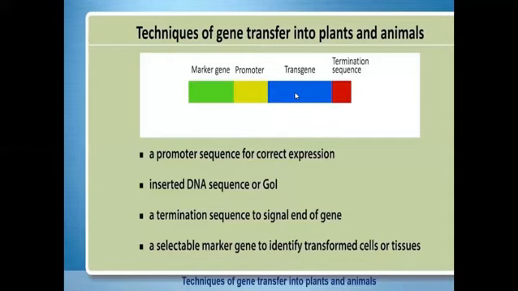Target DNA promoter genes mainly help in proper function of the target DNA in the host cell. Before the promoter gene, marker genes are present. The marker genes mainly help in proper insertion of target DNA into plant cells.